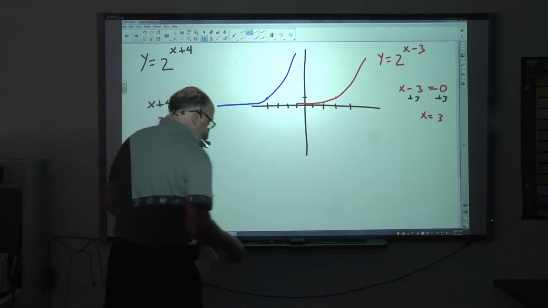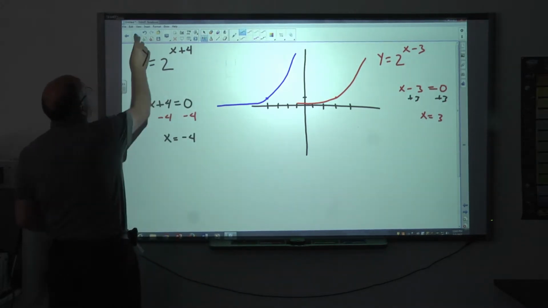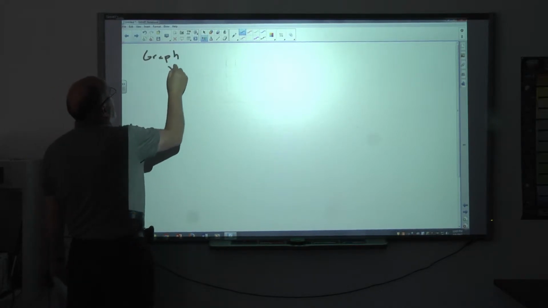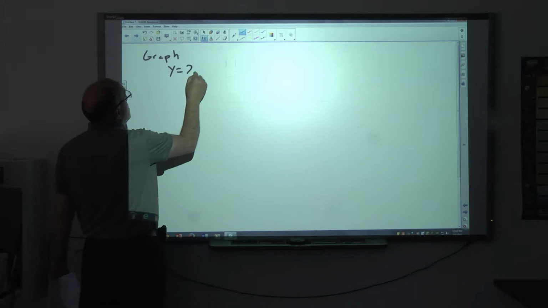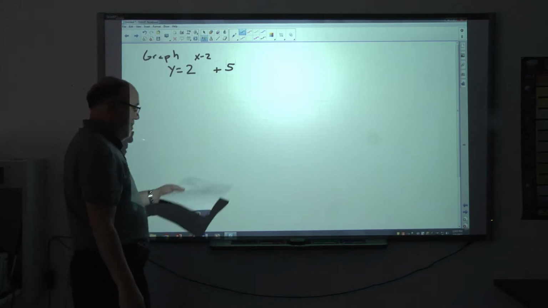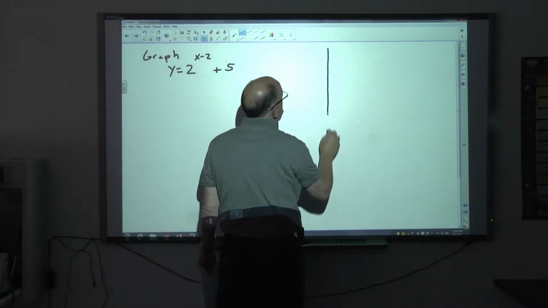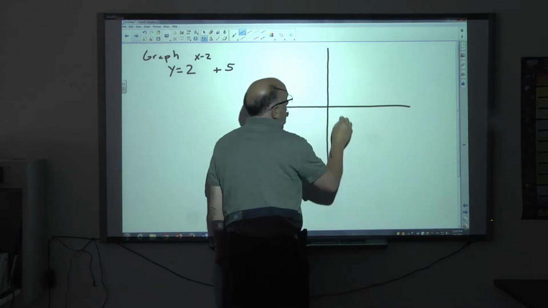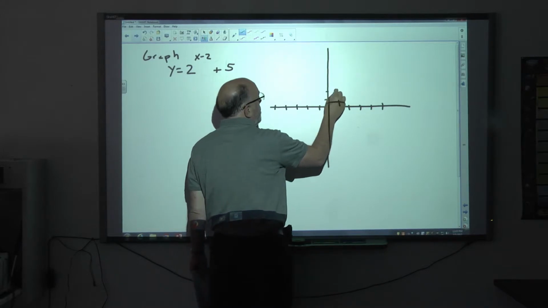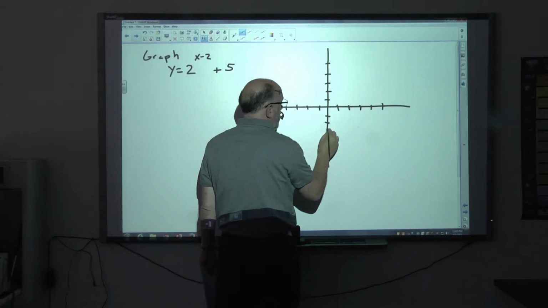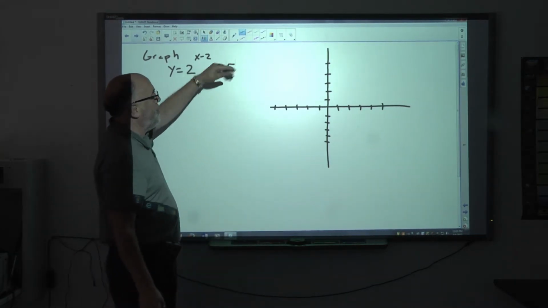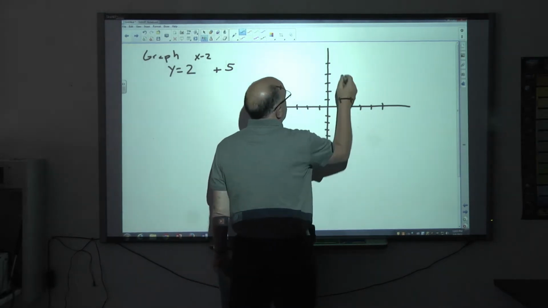So, how about if I did one that combines the two of these together? Let's say we want to graph y equals 2 to the x minus 2 plus 5. Right? So we want to put that on a graph. Well, first off, the plus 5 is going to take the entire shape and move it up 5. And so it moves our asymptote line up 5.